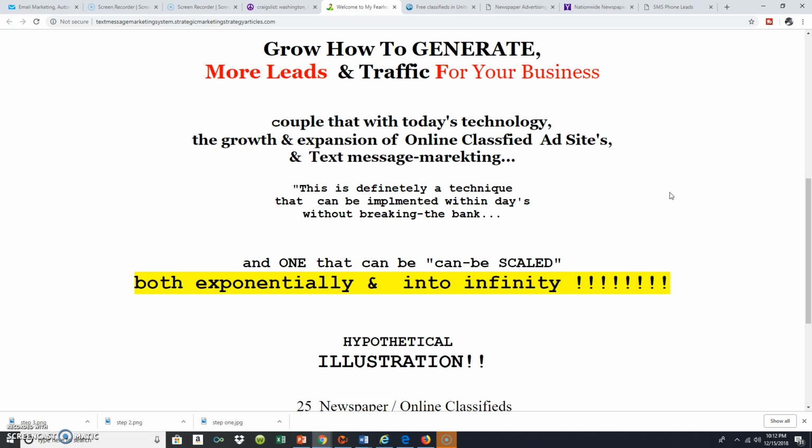Before I move on, let me say this. This is a hypothetical illustration, but let's get your mind in the right place. In a video I did two days ago, I talked about a man's mind once stretched by a new idea never being able to come back to its original dimensions. A man's mind once stretched by a new idea, and women's, all you ladies, never returns to its original dimension.